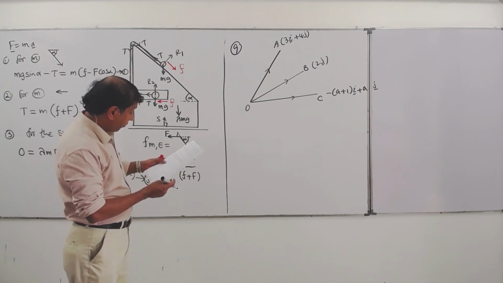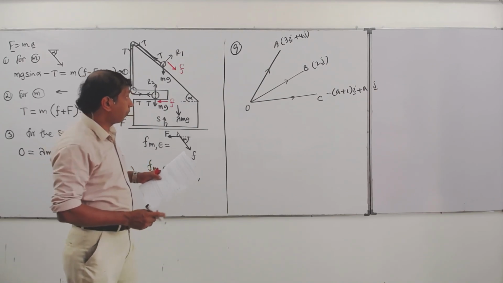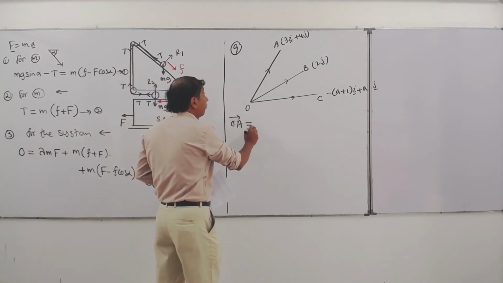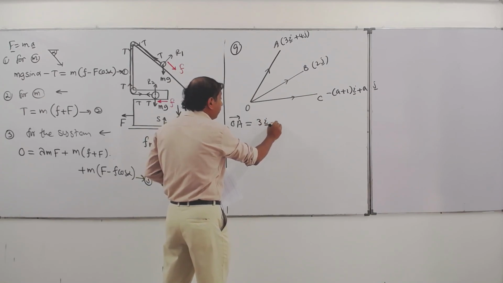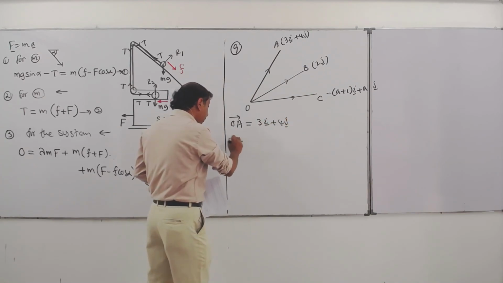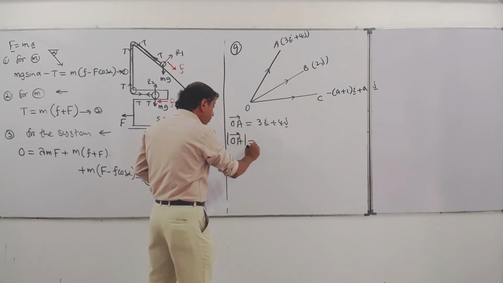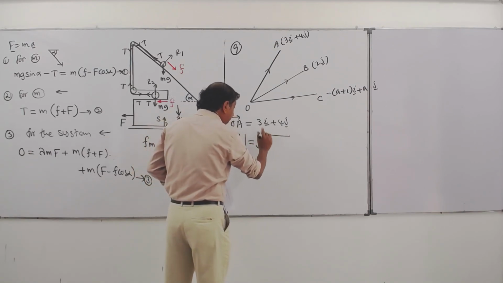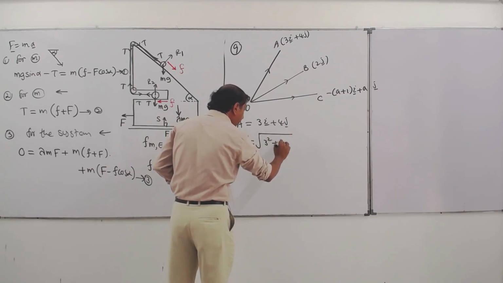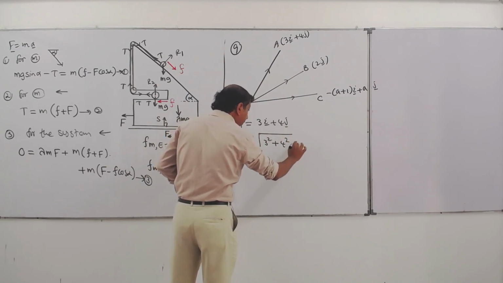A is positive given. The angle AOB is asked. Right. People, OA vector we know is 3i plus 4j. Then what is the OA vector modulus? Square root of i coefficient squared plus j coefficient squared, 5.